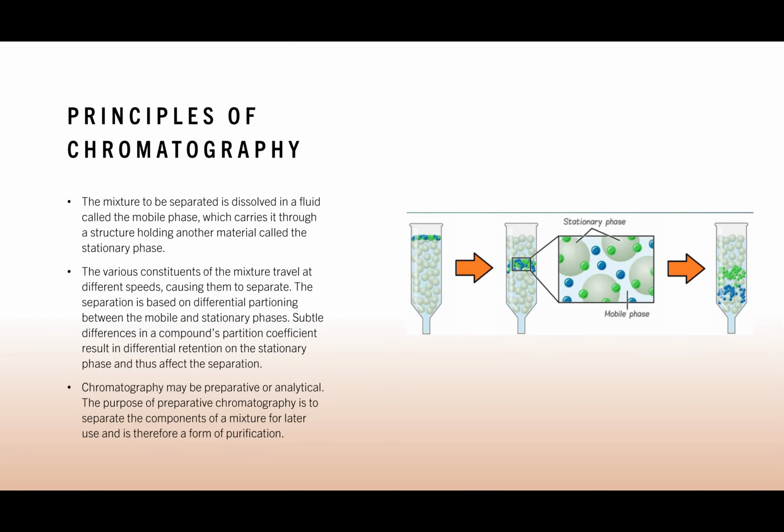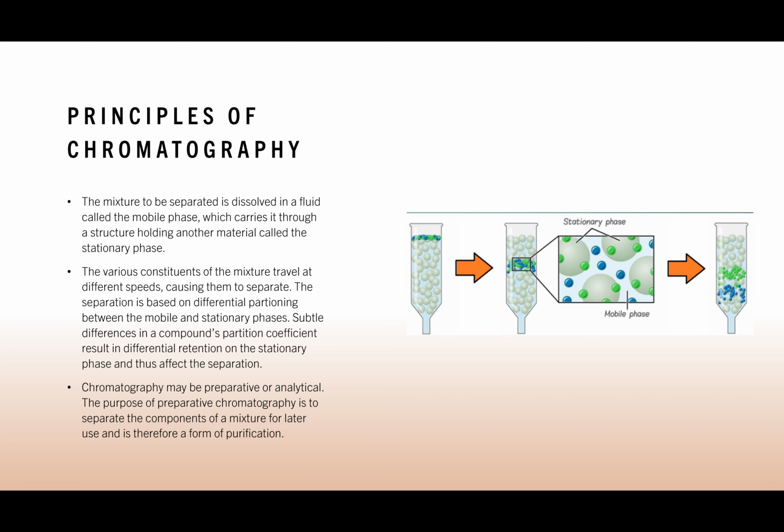This is based on differential partitioning between the mobile and stationary phase. So subtle differences in the partition coefficient result in differential retention on the stationary phase, and thus affect the separation, based on their molecular structure and so on.